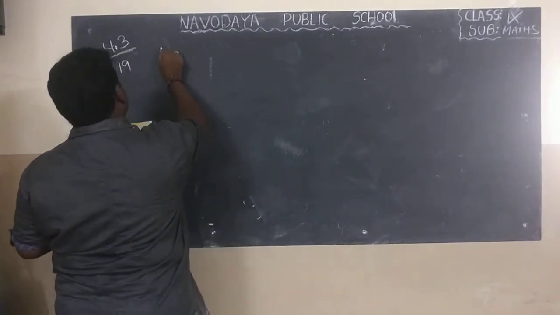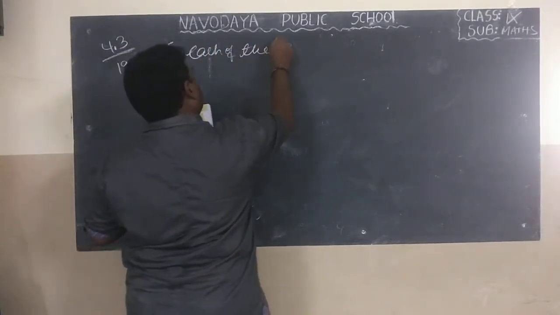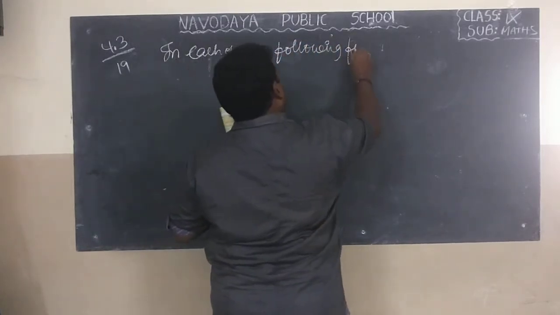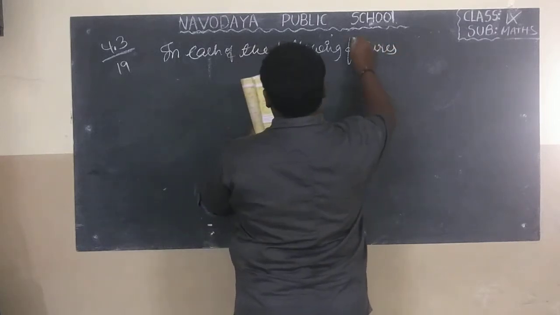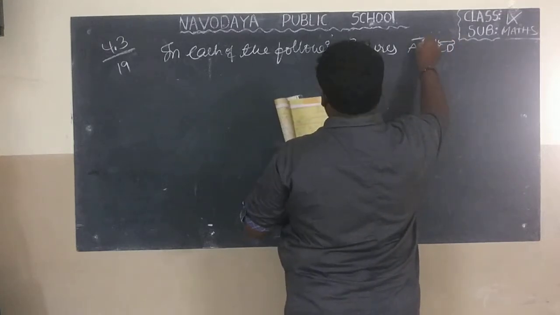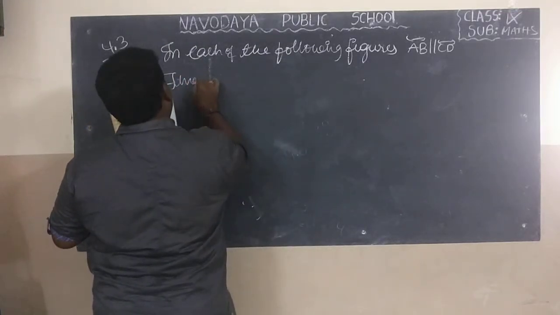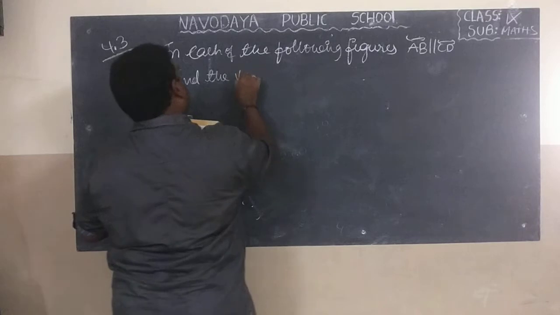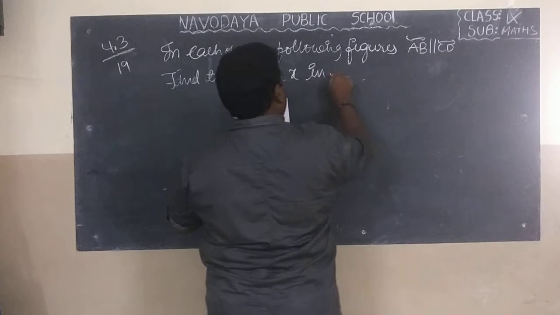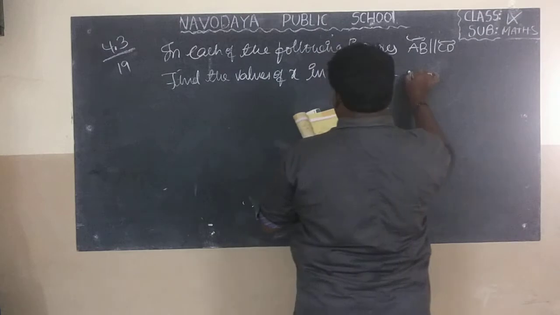In each of the following figures, AB parallel CD, find the values of x in each case. Three diagrams are there. So I am drawing all the three diagrams.